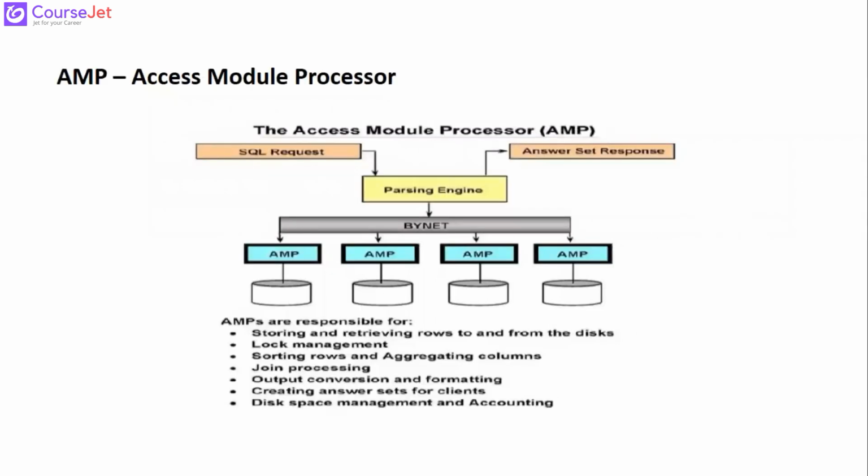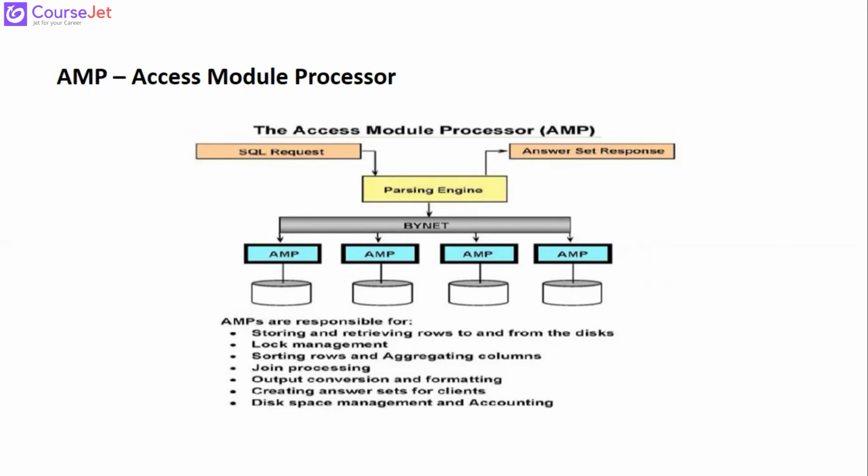Coming to the AMPs, as we said earlier, AMPs are the worker tasks, like slaves to the PE. Whatever the PE gives as a command, the AMPs will act upon it. The basic responsibilities of these AMPs are storing and retrieving the rows to and from the disk.